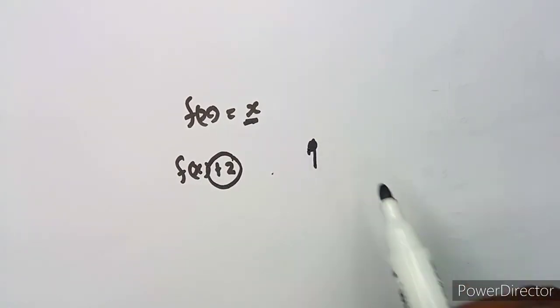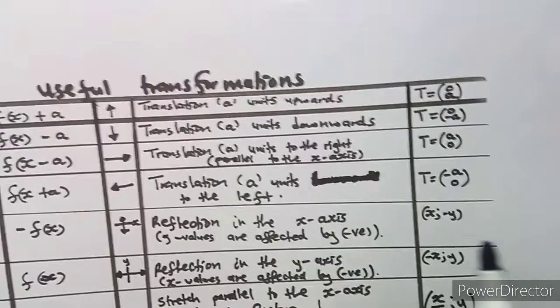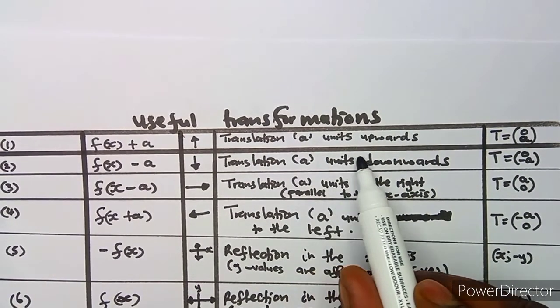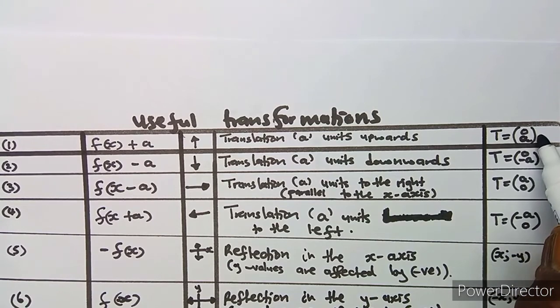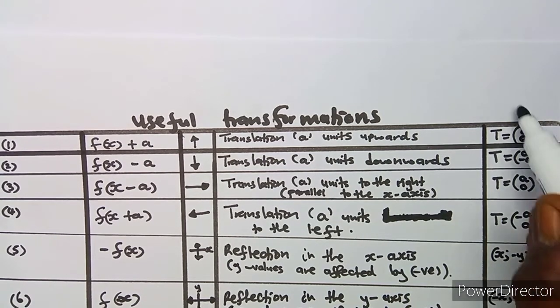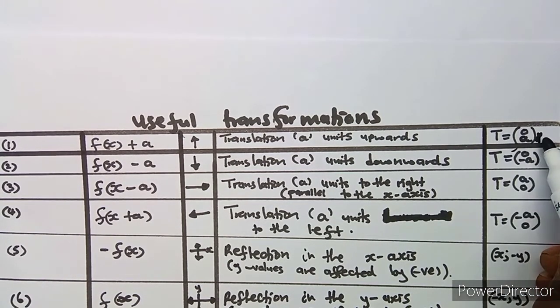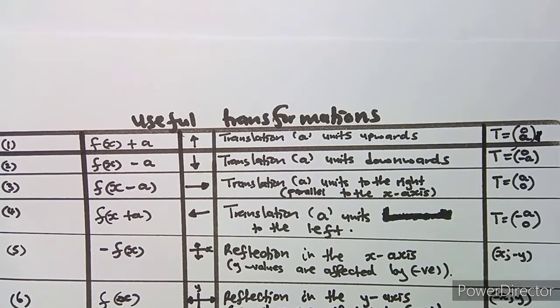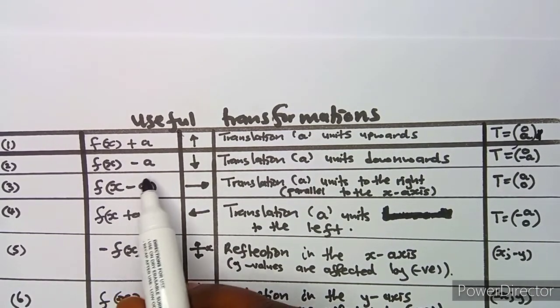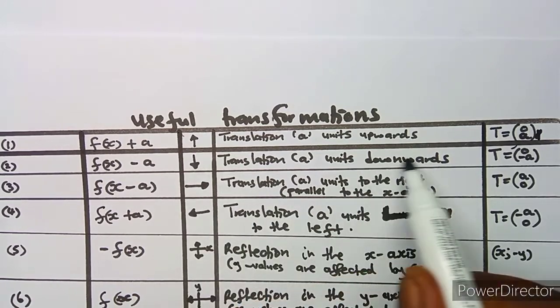That is the transformation we are referring to here, a units upwards. It can be represented by a column vector, the vector for translation, (0, a). When it is a minus, it means it is going down, that is a units downwards.